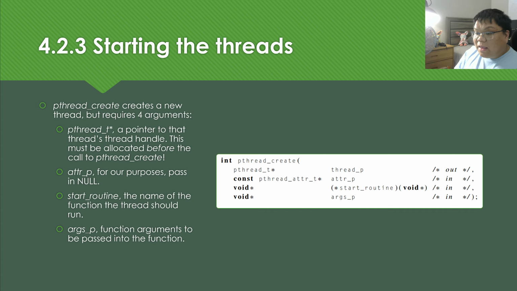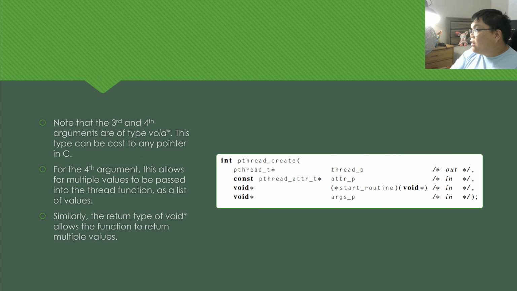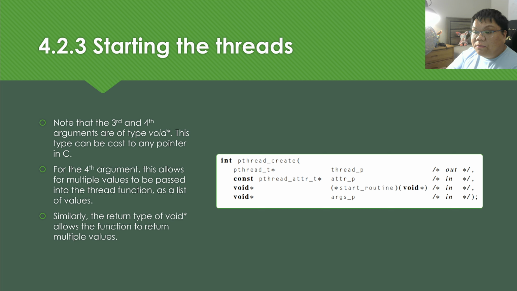The third argument is the name of the function that the thread is going to execute. And the fourth thing to pass in is function arguments to be passed into the function specified for the third argument. The third and fourth arguments are of type void star.